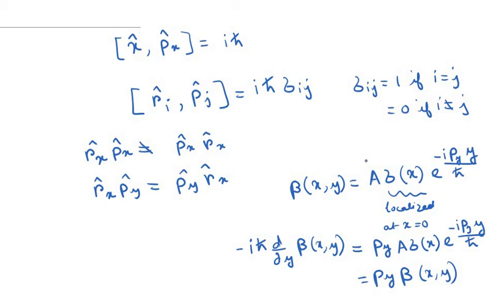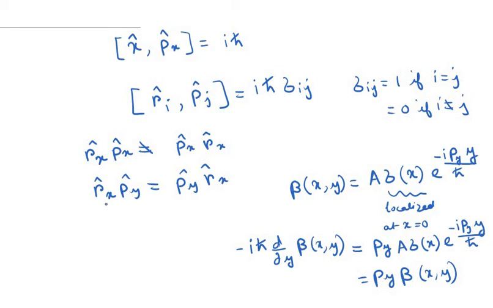So this is just a simple way of making you understand that if we are measuring the position and momentum of the electron in separate directions which are mutually perpendicular to each other, then we can definitely do that.